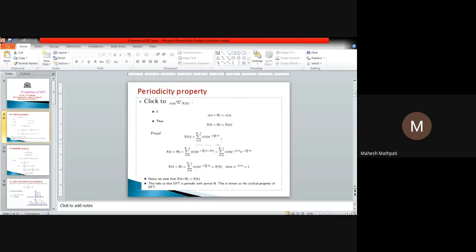What is the condition? Anybody? The condition for periodicity or for a periodic signal in the time domain. Can anyone give me the answer?